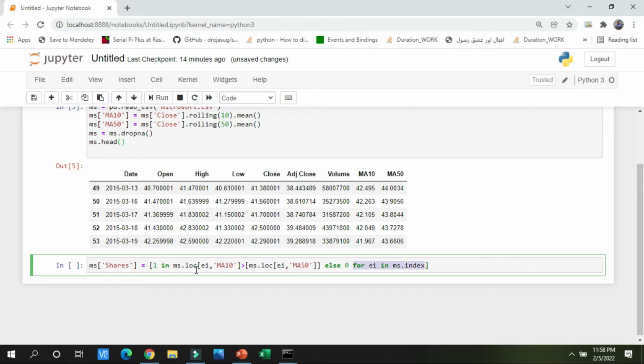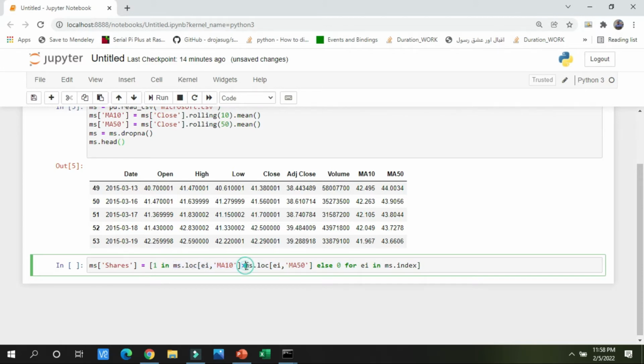I think I have used an extra bracket. Let me remove it. Yes, so this is ms.loc, the moving average of 10 days.